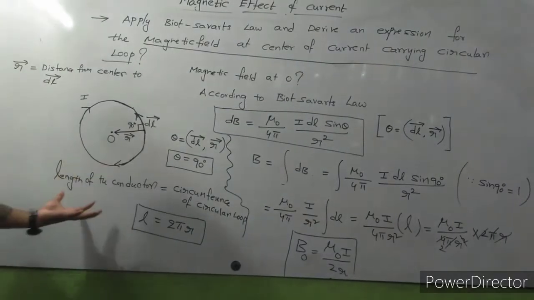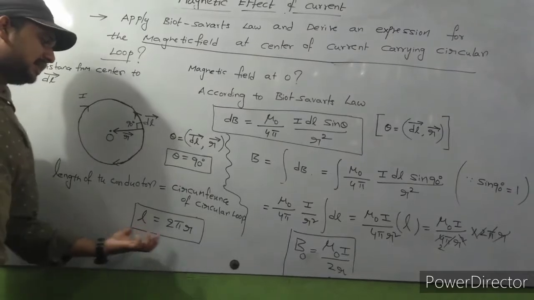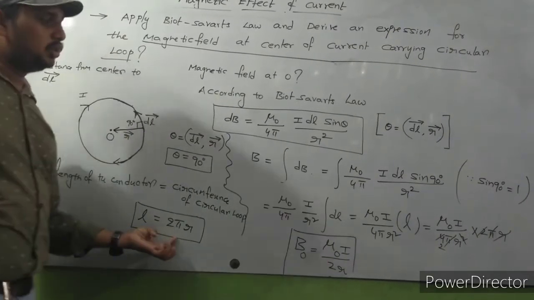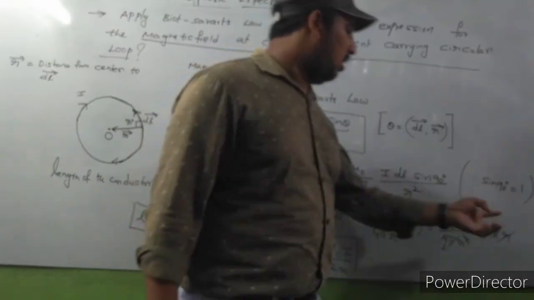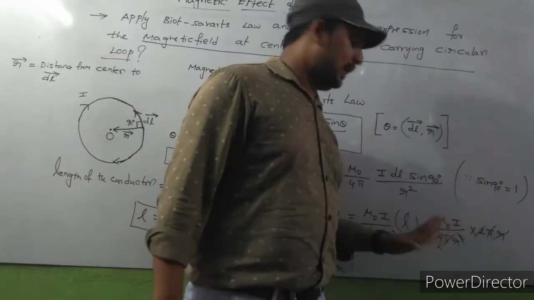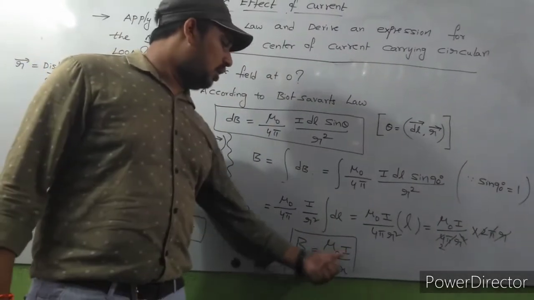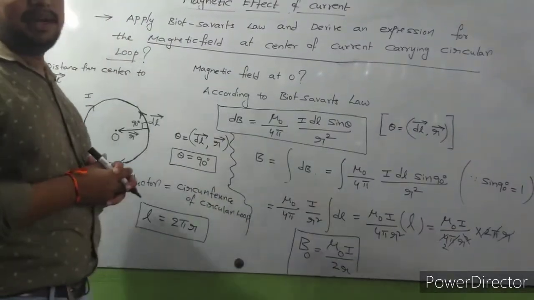According to this figure, the length of the conductor is equal to the circumference of the circular loop. If the radius is r, then L is equal to 2πr. Pi gets cancelled, r squared gets cancelled, and we get a 2. So finally the magnetic field at center O is μ0 I by 2r.